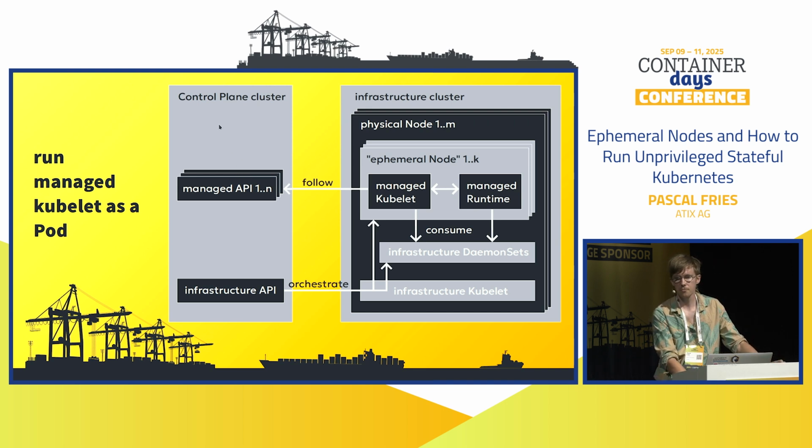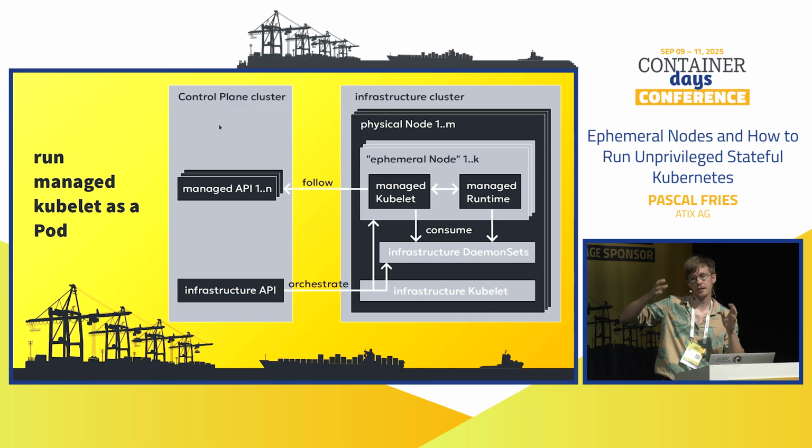So we have a control plane cluster, a cluster where we just host control planes as pods. And we have another cluster we call the infrastructure cluster. This infrastructure cluster is only there so that we can actually schedule a managed kubelet.